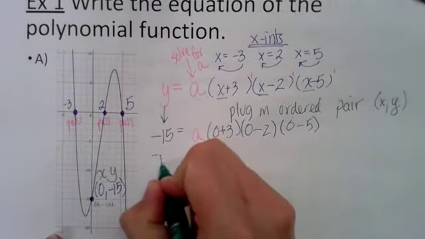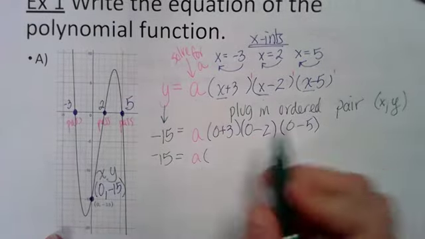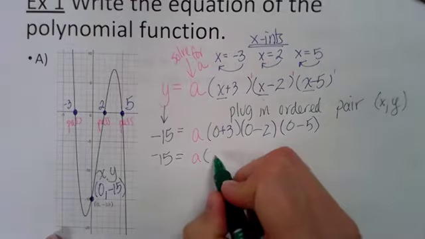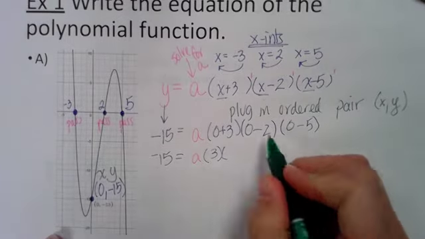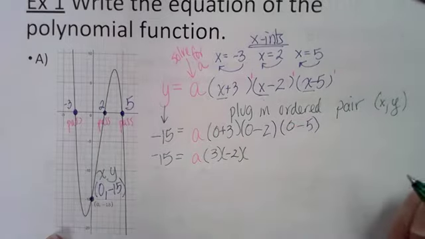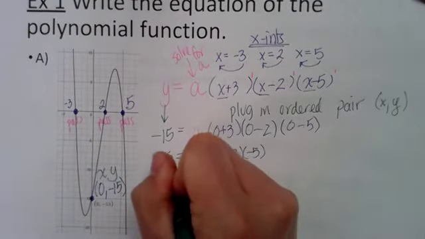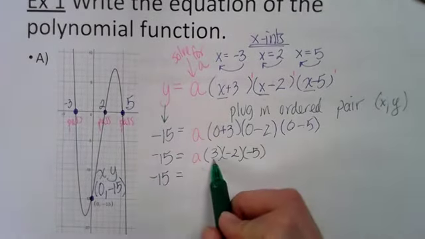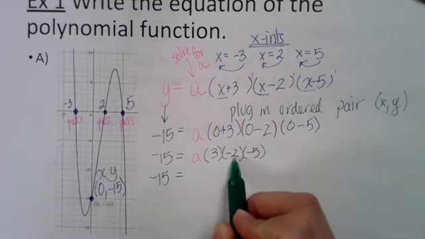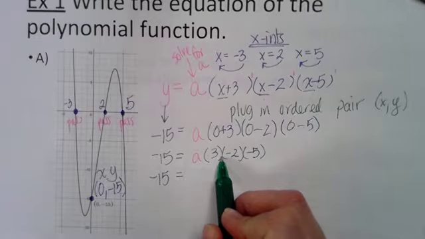All right, let's see. We got -15 equals a times, what's 0 plus 3? 3. What's 0 minus 2? -2. What's 0 minus 5? -5. All these things are multiplied together. So I have -15 equals -2 times -5 times 3, which is 30.